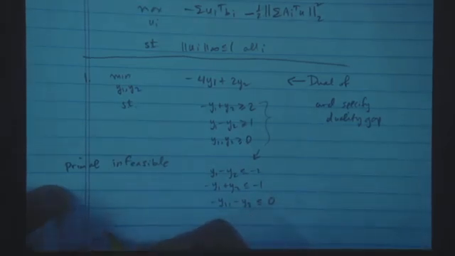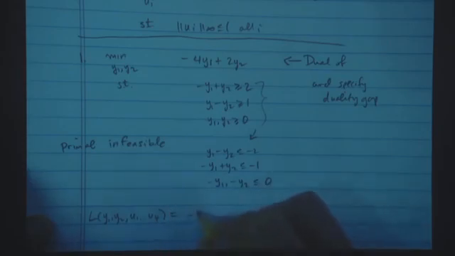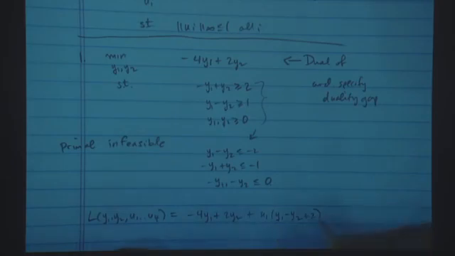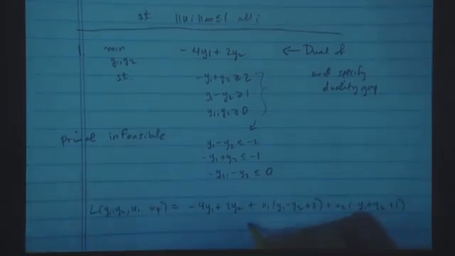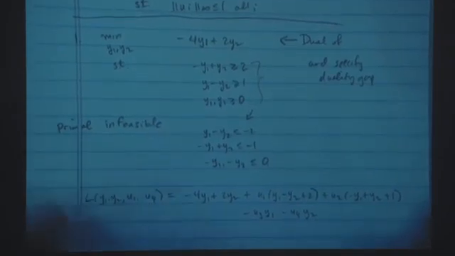So it's a function of Y1 and Y2, and then U1 through U4, and it's just equal to the following plus U2 times (minus Y1 plus Y2 plus 1) minus U3 Y1 minus U4 Y2. Okay, and now we want to minimize this over Y1 and Y2.